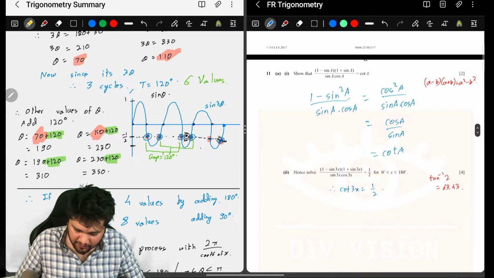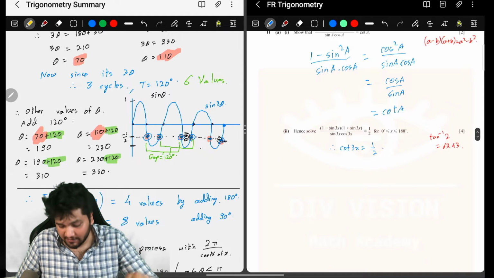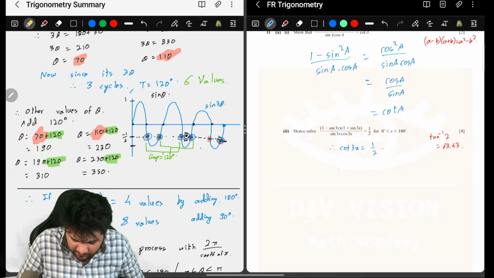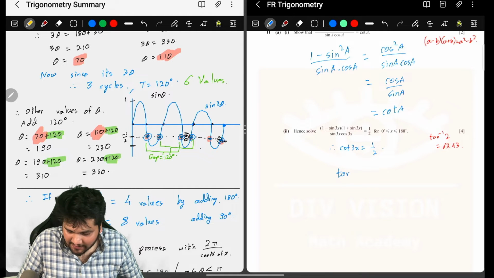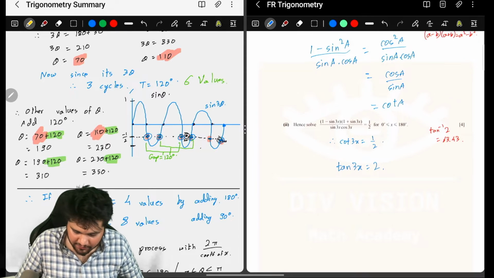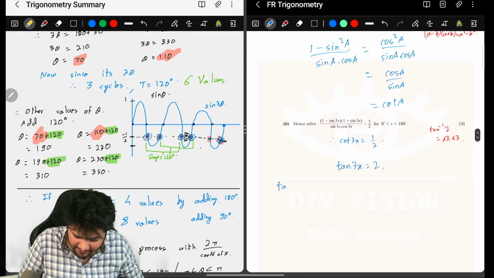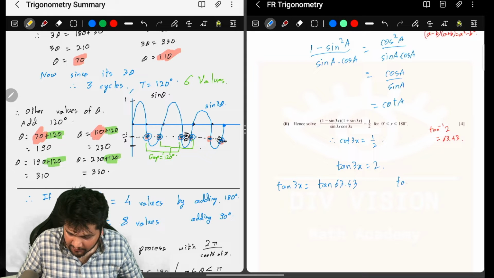By using the same principle, it's going to be cot 3x is equal to 1. Now this time it is 3x. Now the thing is, we are not comfortable with cot, so we'll just make it tan 3x is equal to 2, and I'll find the inverse of that. We'll get 63.43. Okay, so tan inverse of 2 is nothing but 63.43. Actually we should write it like this: tan 3x is equal to tan of 63.43, and tan is also positive in which quadrant? In the third quadrant.